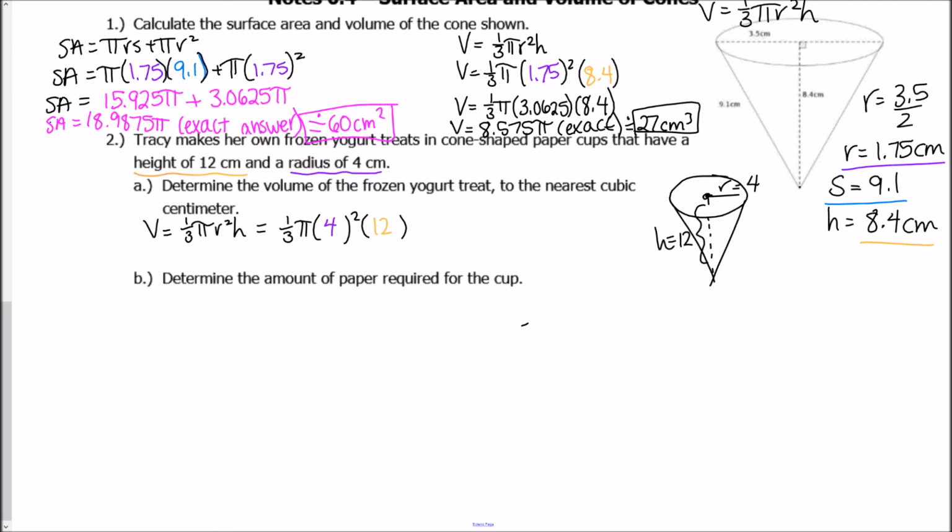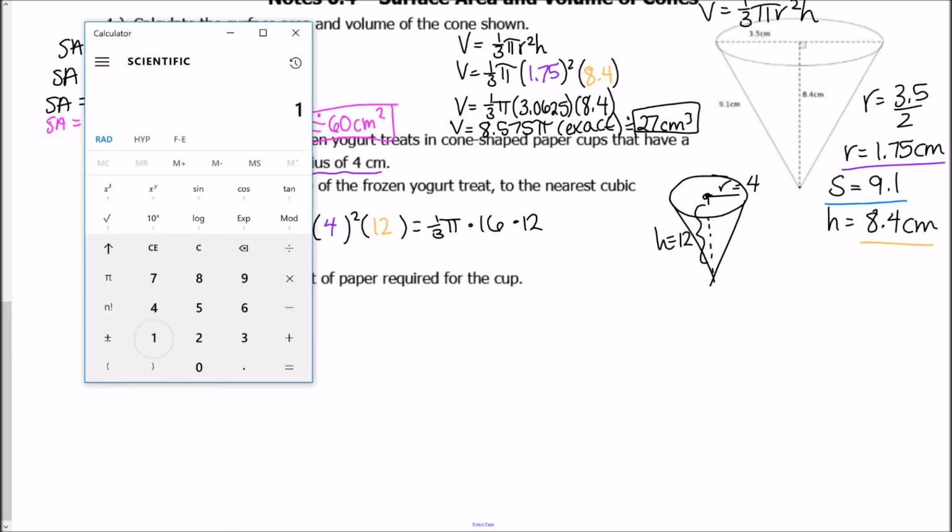So then when I go ahead and I multiply all of this information out, I end up getting 1/3 pi times 16, because 4 squared is 16, times 12. Now I'm going to multiply 16 times 12, and I get 192. And then I'm going to divide it by 3 because that's the same thing as multiplying by 1/3.